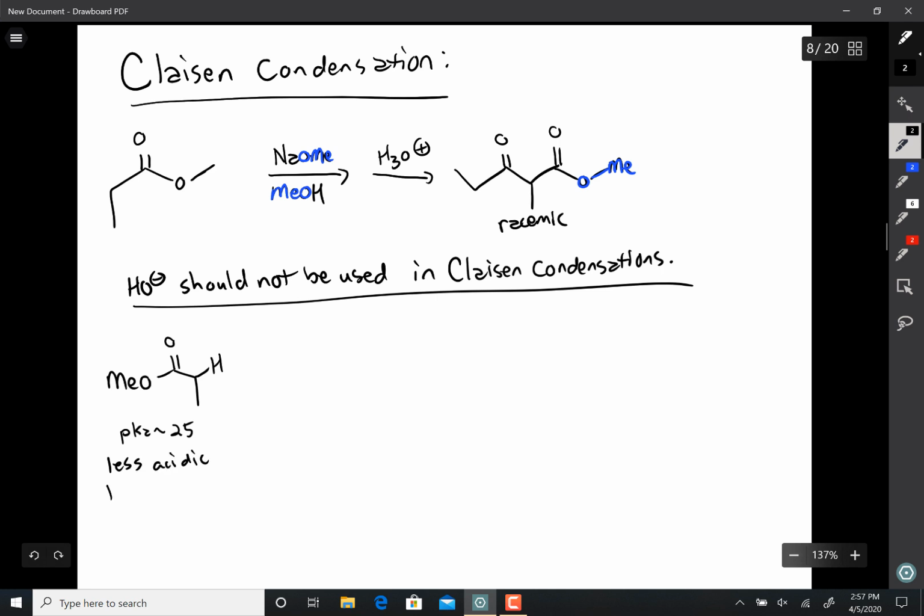They are less acidic than ketones or aldehydes. What that means is this initial step right here is quite slow.